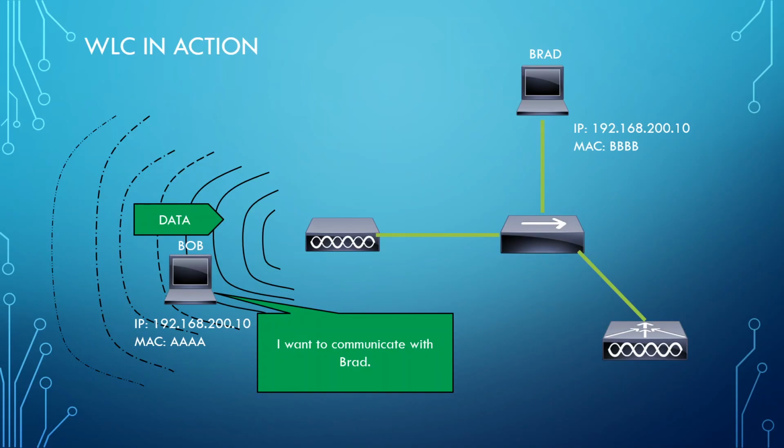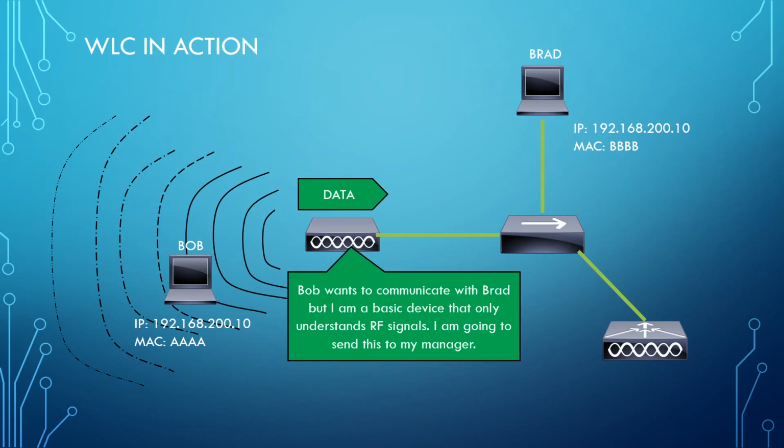So this is an example of the wireless LAN controller in action. This example was actually shown in the previous video, but I'm including it here just to refresh your memory. In this case, the wireless client Bob wants to communicate with Brad. Bob is going to send this over to his wireless access point, which is radiating this RF signal.